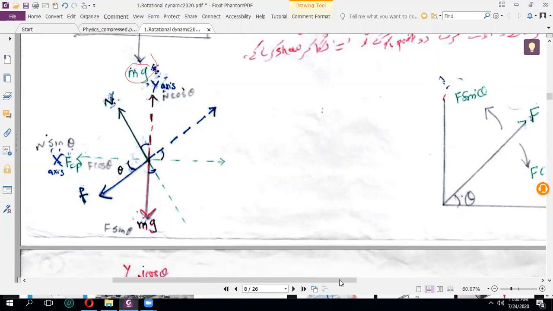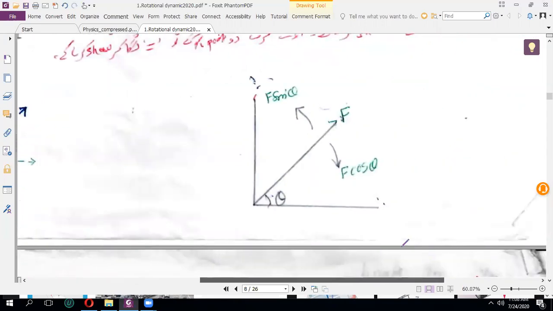Now come to this part, the right side. I want you to understand some concepts. Suppose one force acts here. There are some components of the force along the x and y axes. How do we represent their components? If theta is here, this force is represented by f cos theta, trigonometry side.